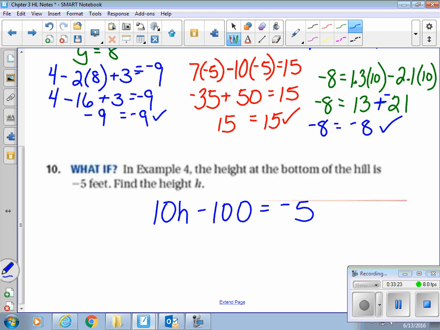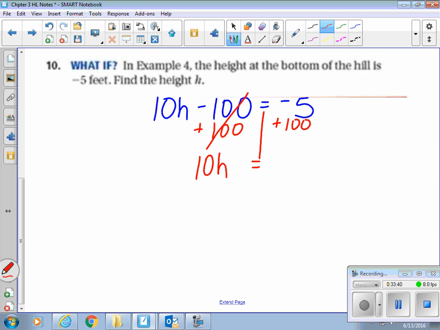So here's the equation that they wanted you to solve, which means we're going to undo that subtraction piece first. We should be adding 100 to both sides. These guys cancel out, leaving me with 10h. Negative 5 plus 100, we should be finding the difference and taking the sign of the higher absolute value. The difference is 95. 100 is bigger, therefore it's a positive 95.